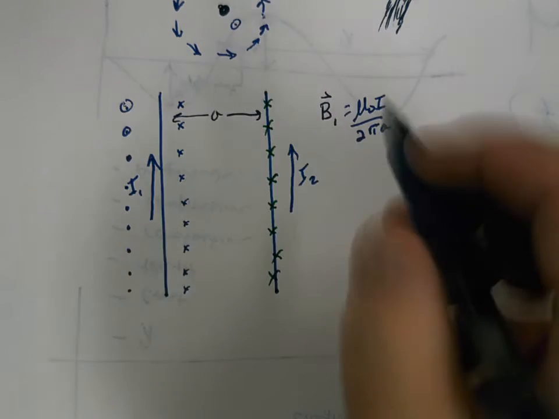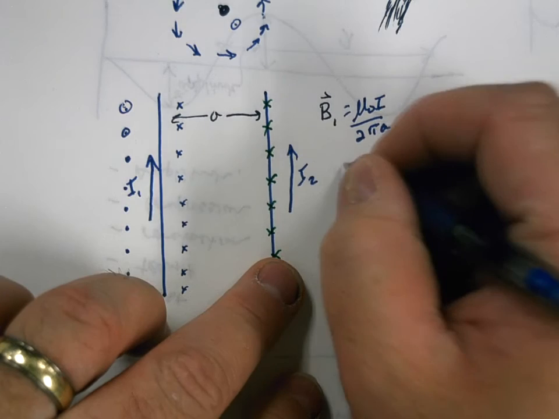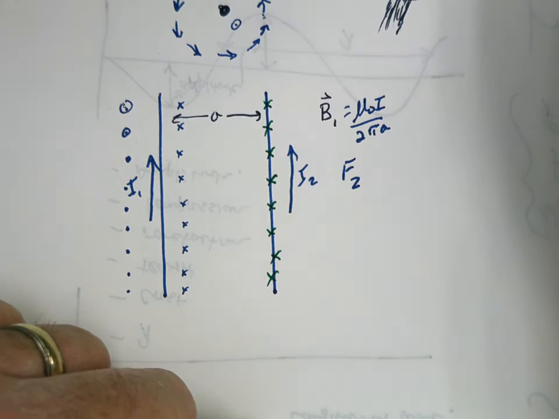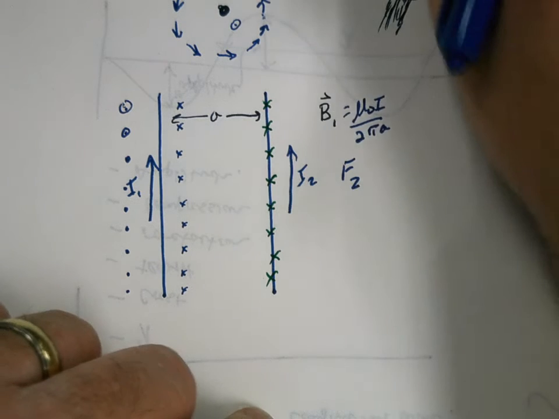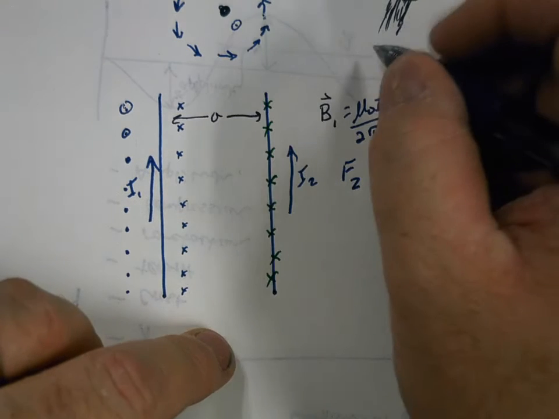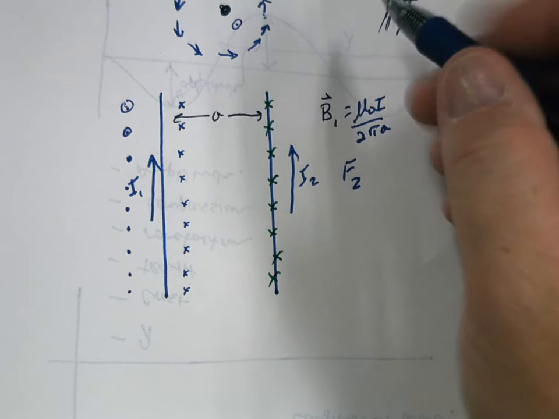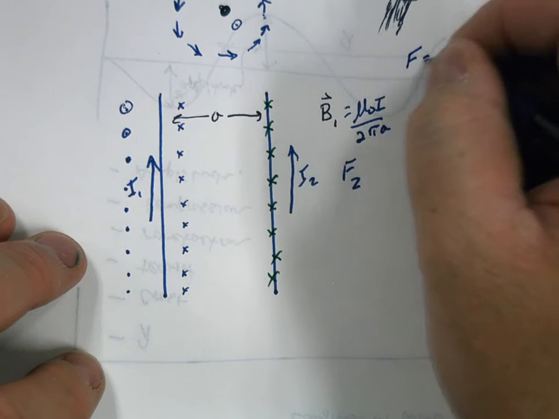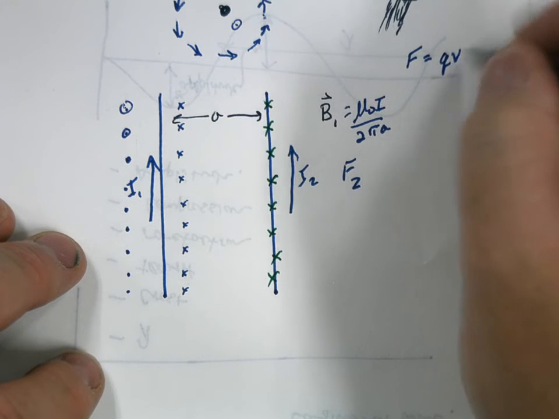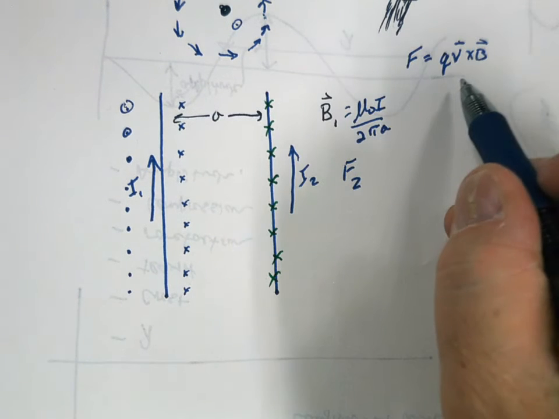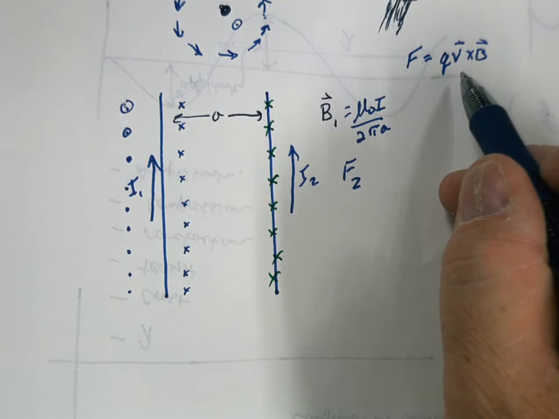The force on number 2, have we talked about the force of force equals, we've talked about this, right? QV cross B, where V is the velocity of the charge.